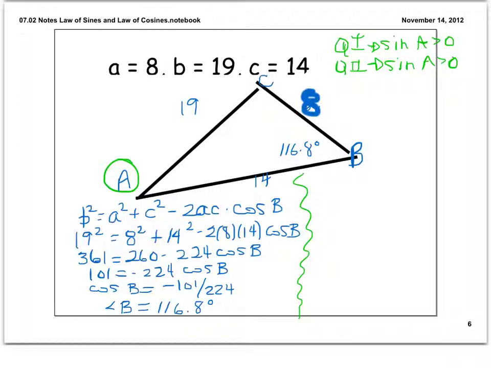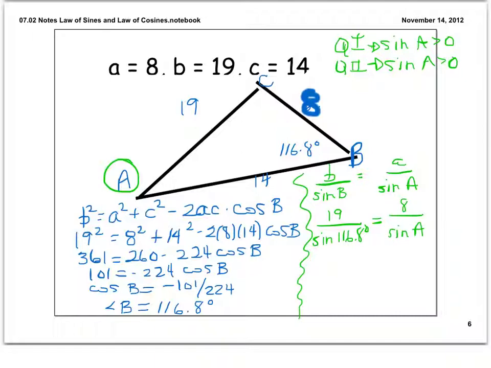Now for law of sines, I can say that B over sine B equals A over sine A. We know that B has a measurement of 19 as a side. We're looking for the sine of angle B, which is 116.8 degrees, and that will equal 8, which is the measurement of side A, and we're going to be solving for the sine of angle A. So by the time I cross multiply and simplify some things, I'll have that sine A equals 8 times the sine of 116.8 degrees divided by 19.